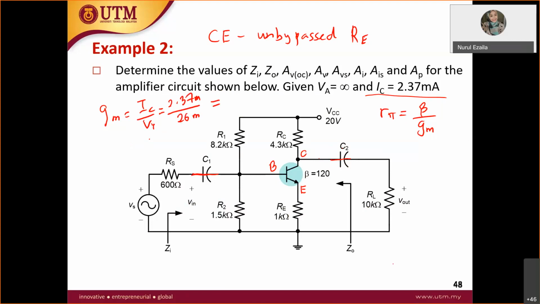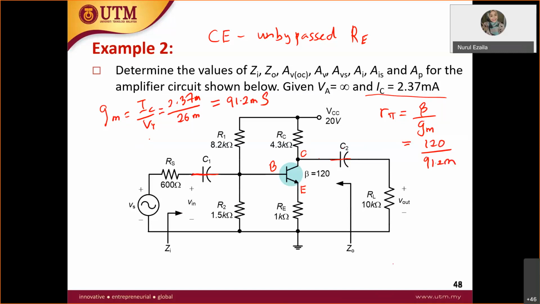So gm is equal to what? Can someone calculate for me? 91.2 millisiemens. Okay, so beta over gm means 120 over 91.2 milli.